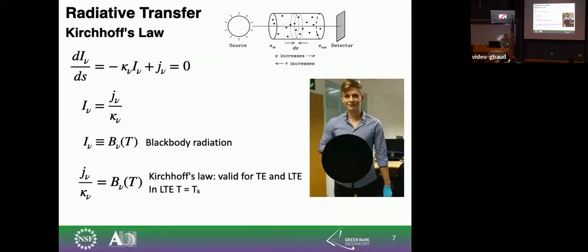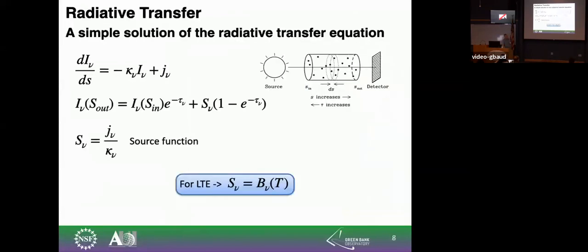So we know what the black body radiation is from other sources. Well, okay, I guess I'm skipping ahead. Before I get to that, the simplest solution of the radiative transfer equation is up here.